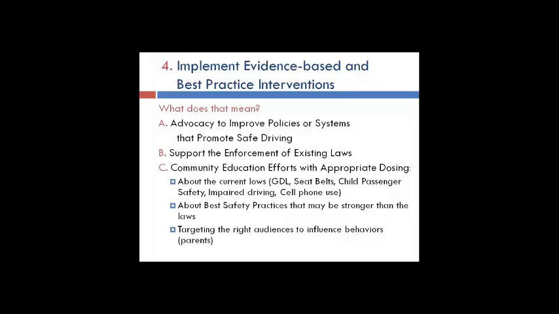Laws are only as effective as they are enforced, because otherwise the public doesn't know or doesn't recognize that they need to follow the law. So supporting seatbelt or impaired driving enforcement time periods, or enforcing graduated driver's licensing outside of local high schools, are ways to implement that extra enforcement. And C, community education efforts with appropriate dosing. What do we mean by appropriate dosing?